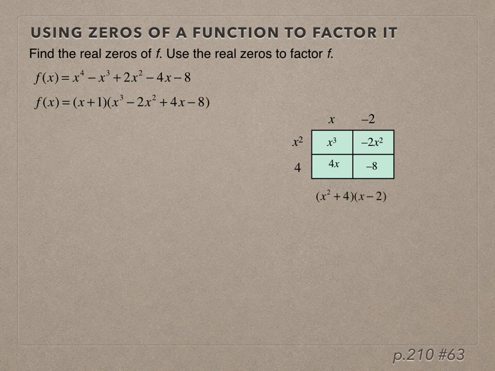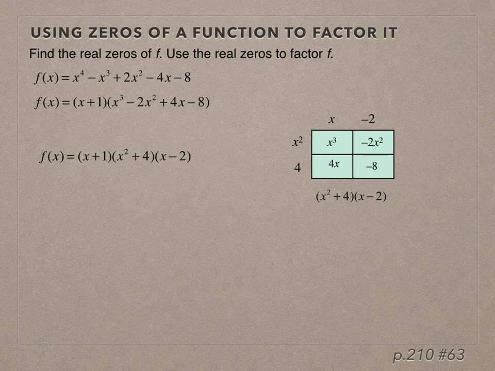So now that cubic polynomial can be factored this way: x squared plus 4 times x minus 2. That means I can rewrite the original function in another equivalent way. And I see here that there are two real zeros, -1 and 2, right? But the x squared plus 4, I can't make that equal to 0 because x squared will never be negative, right?